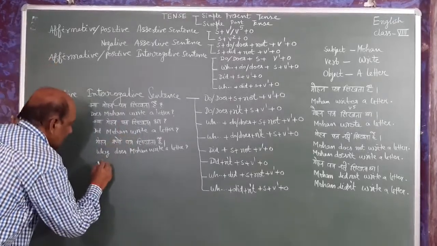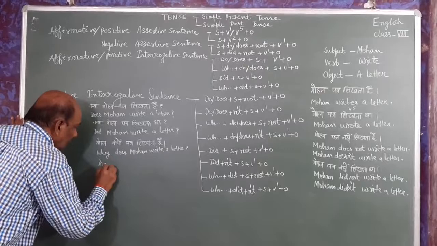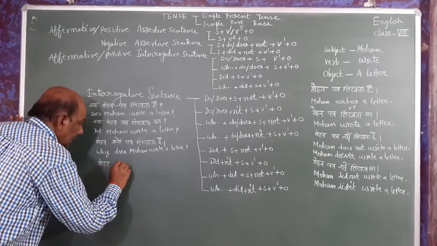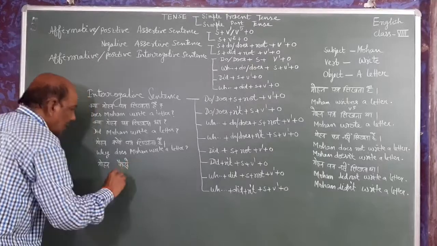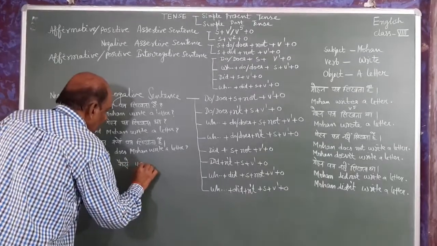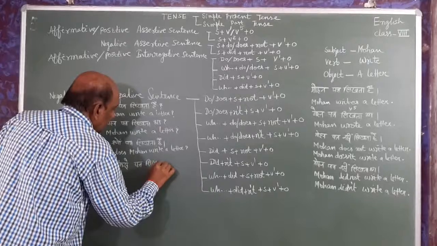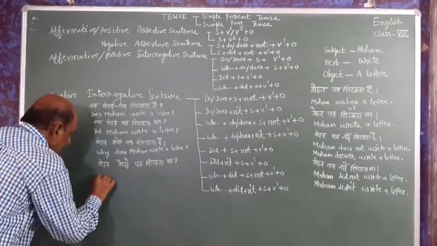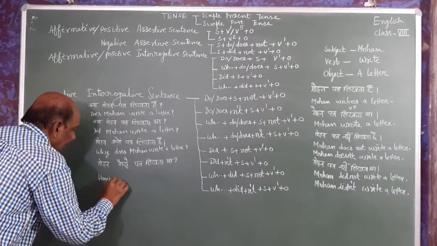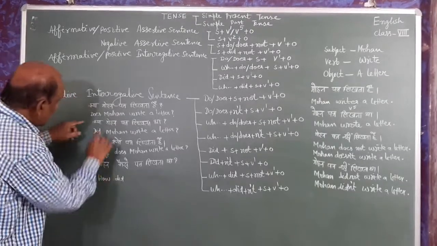Now in past tense, Mohan. Now I have taken another WH. Mohan kaise patra likhta tha? See here. For kaise, WH. How did. See here, did Mohan.